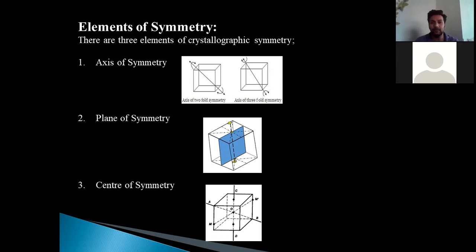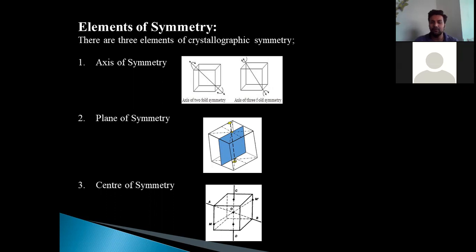The most symmetric crystal will have the maximum number of symmetry elements, whereas the crystals which are less symmetric will have fewer symmetry elements. For example, the cube is the most symmetric crystal in crystallography, and hence shows maximum symmetry elements, whereas the triclinic system is less symmetric in nature and hence has the least number of elements of symmetry.